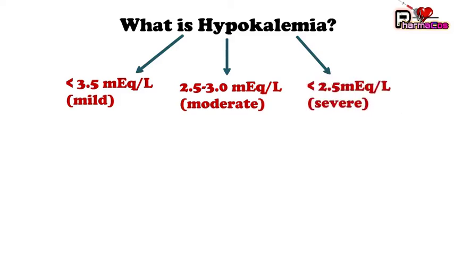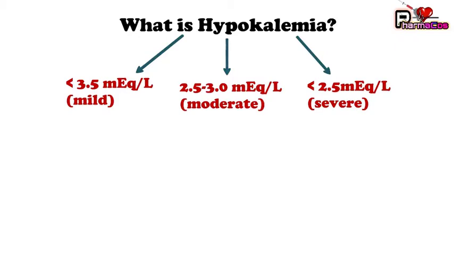Hypokalemia is one of the most common electrolyte disorders seen in both inpatient and outpatient care. It is common among older adults, and increasing age is associated with a marked increase in the incidence of hypokalemia. In fact, compared with young adults, an 80-year-old has more than triple the risk of having a lower potassium level.